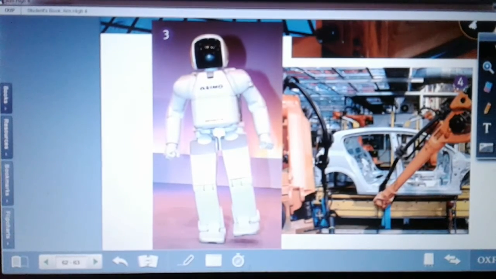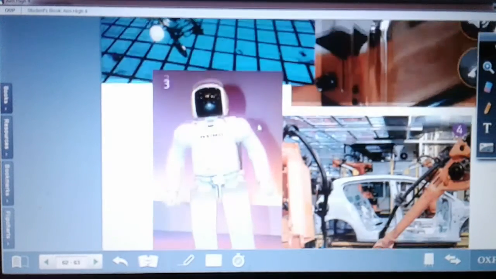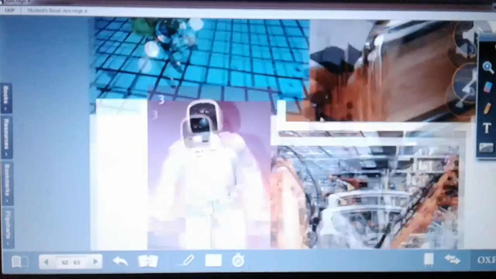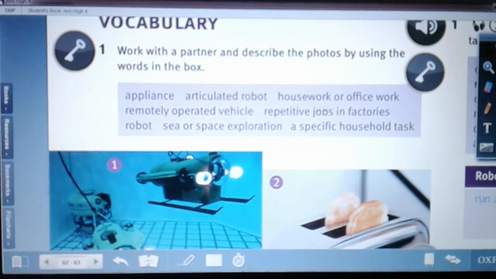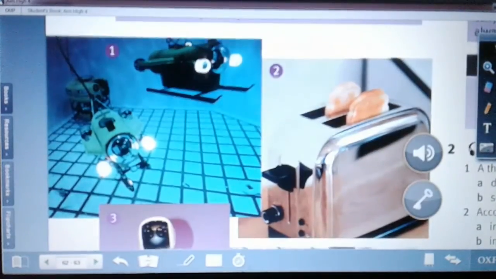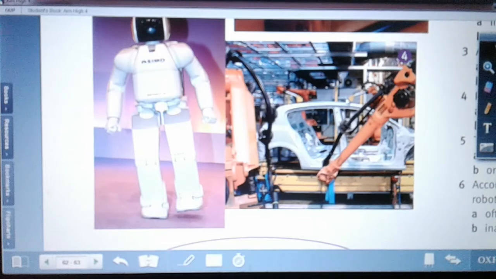Asimo. This is called a robot. And what does the robot do? This kind of robot is used to do housework or office work. So this is the last picture, right? So number 4.